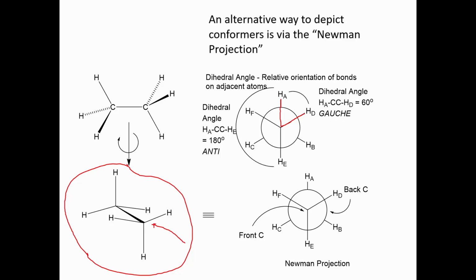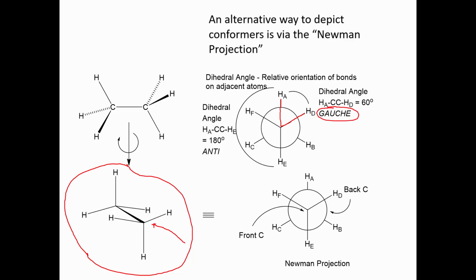Okay, so when adjacent CH bonds, or atoms on 2 adjacent carbons, have a 60-degree dihedral angle, we are going to use the term gauche to describe that relationship.